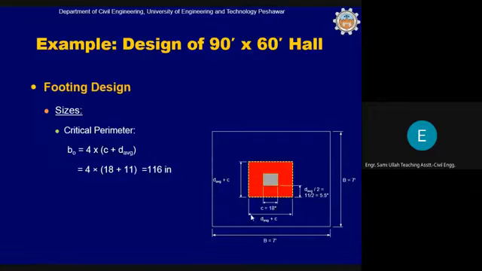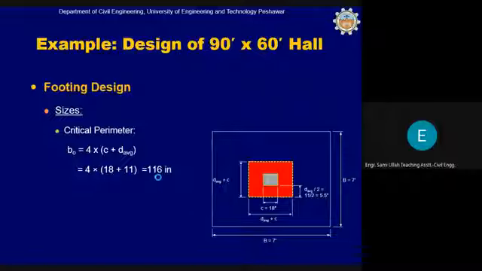Okay, bearing pressure for strength design of footing. For the size of the footing, the plan dimension of the footing, we use service load divided by the effective bearing capacity. Why do we do this?